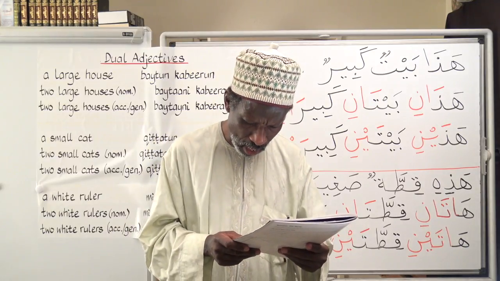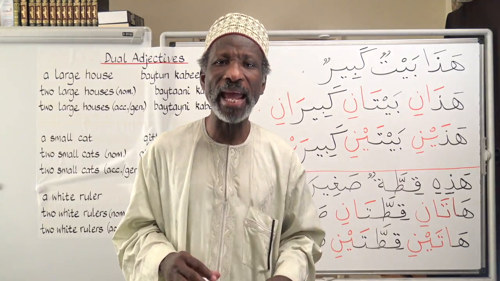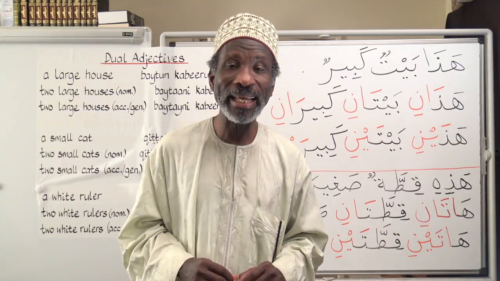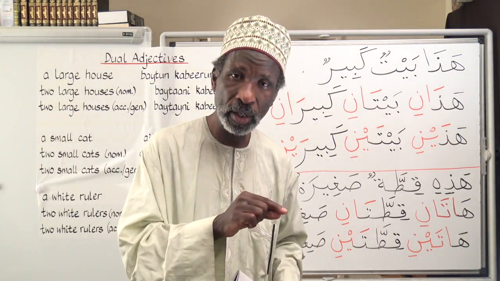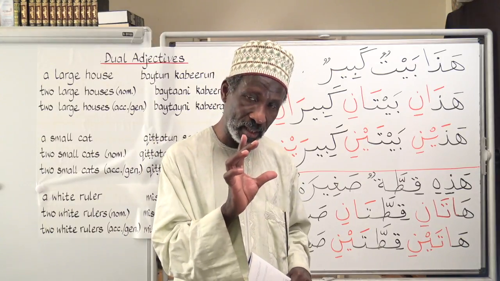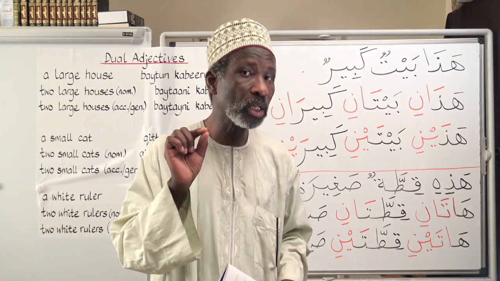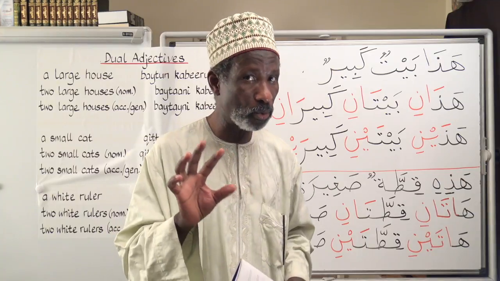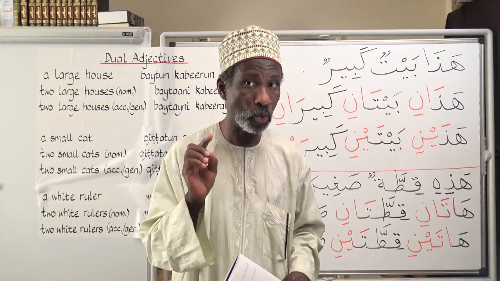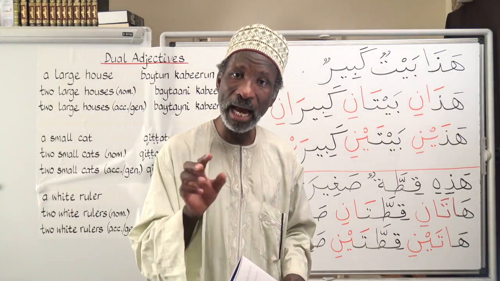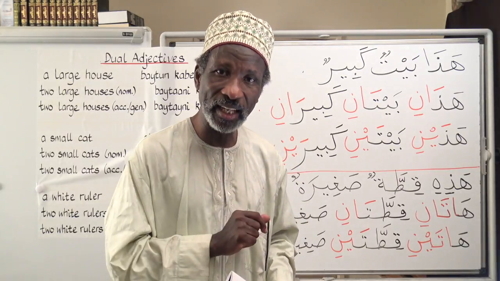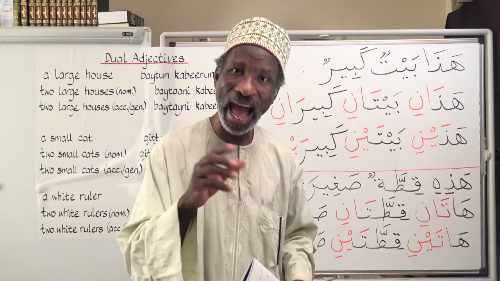Next one. A black pen. What's a pen? Pen is قلم. قلم أسود. Remember the أسود pattern: you are not allowed to put tanween, double vowel. We learned that. أسود, you will say. قلم أسود. قلمان أسودان. قلمين أسودين.